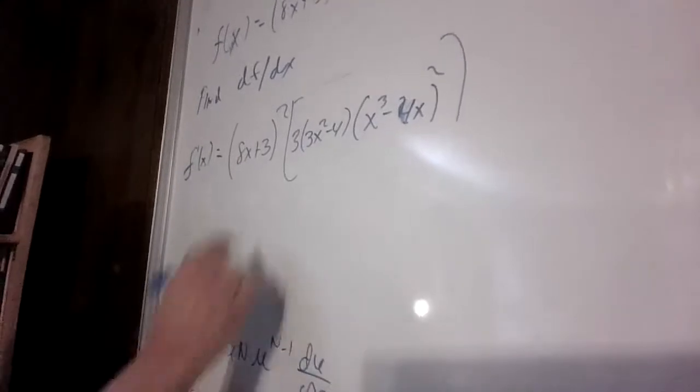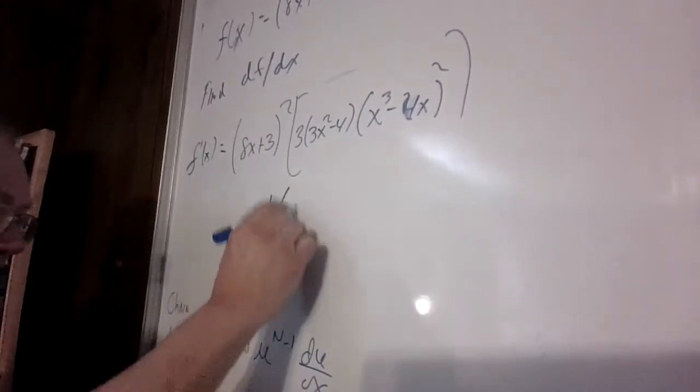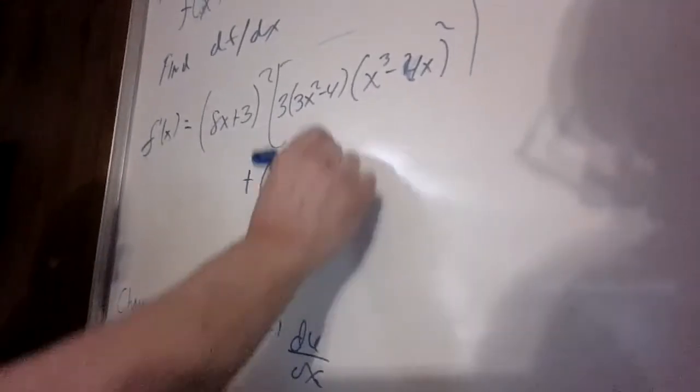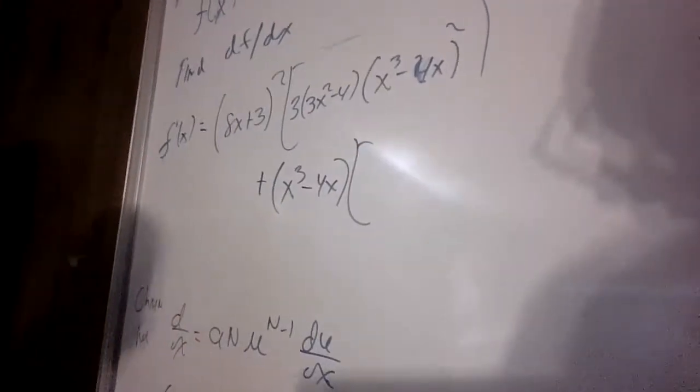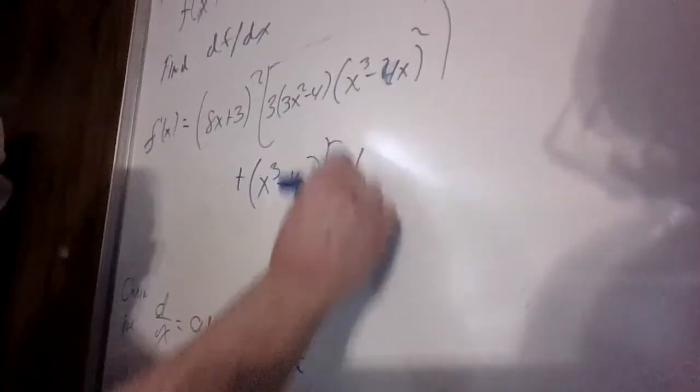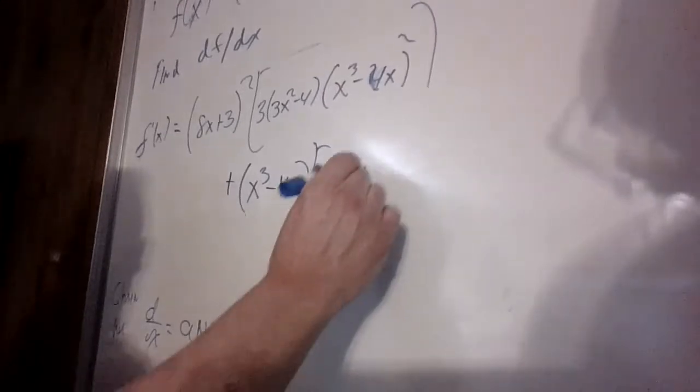Now down here we have plus x^3 minus 4x. And here we clean this up. 2 times 8 is 16. Going to be 16 times 8x plus 3.